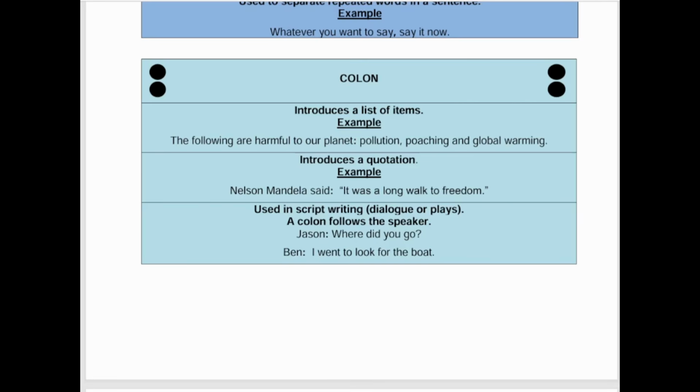After placing a colon, you start mentioning those items. Example, the following are harmful to our planet: pollution, poaching, and global warming.